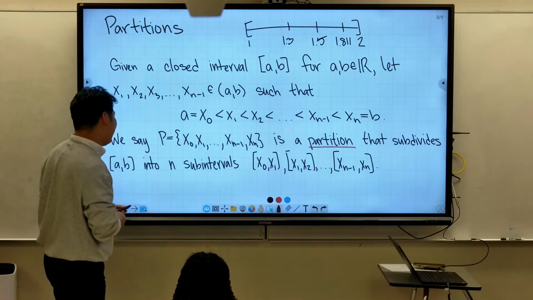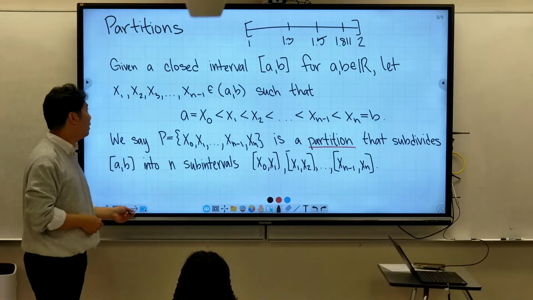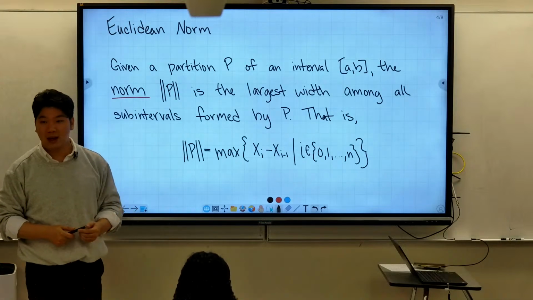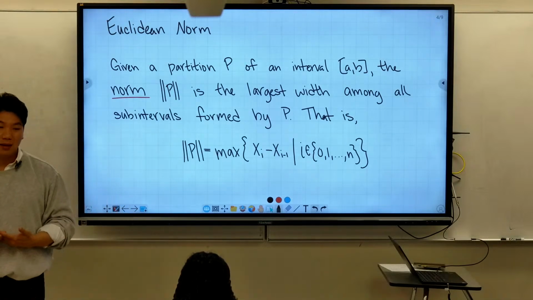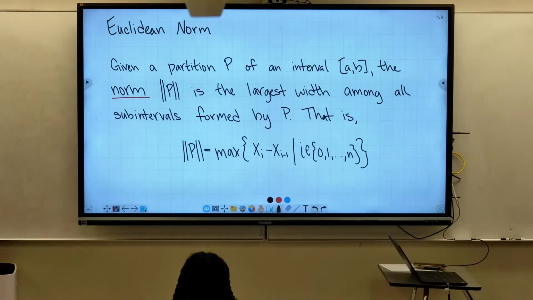What we actually did there is that we found the norm of that partition. So here I'm introducing this thing called the Euclidean norm. I know I'm introducing a lot of notation. This is for all the theory background.